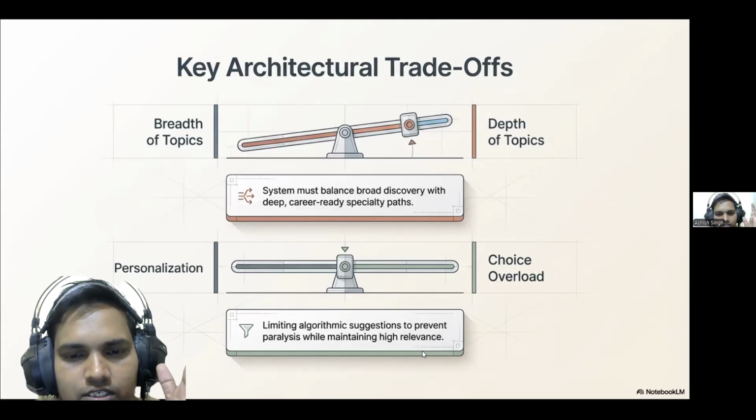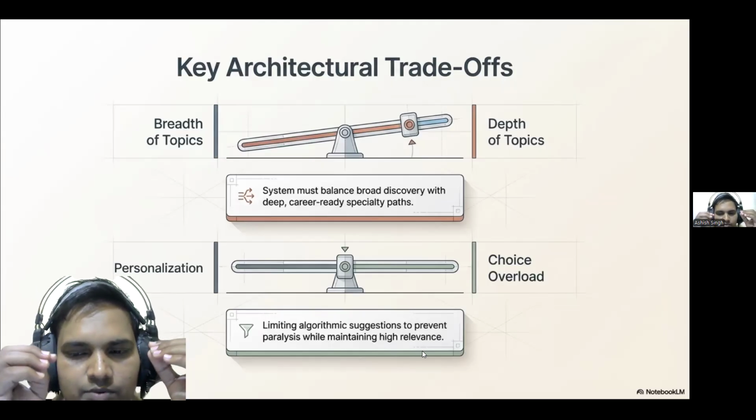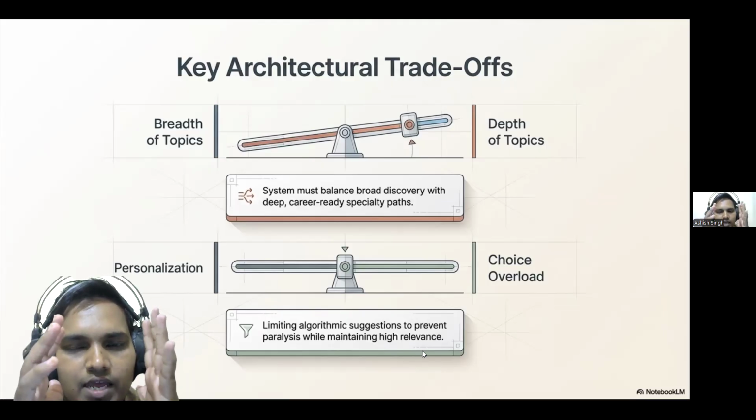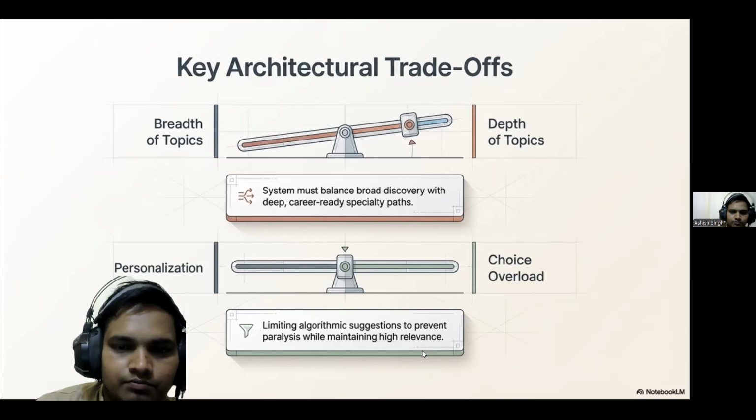The system must balance broad discovery with deep career specialty paths. We also have to balance personalization and choice overload, so the user can come to a conclusion and select. This is the limiting algorithm that prevents paralysis, meaning being unable to select any course.